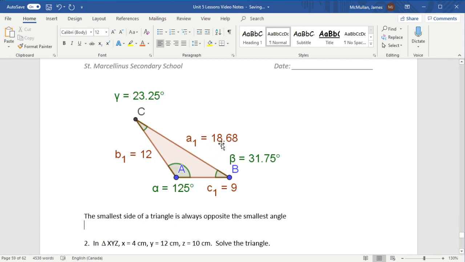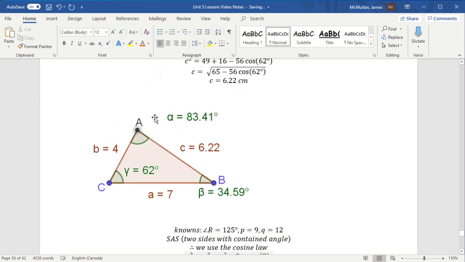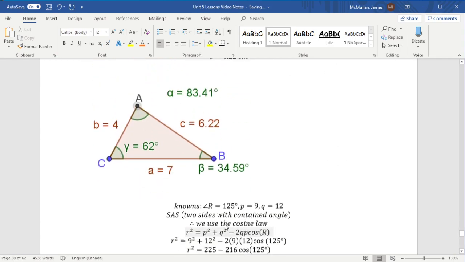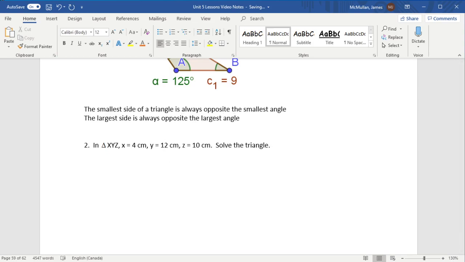Look at the largest side, 18.68, 125 degrees. 83 degrees, 7, right? The biggest side is always opposite the largest angle, and the middle side is opposite the middle angle.